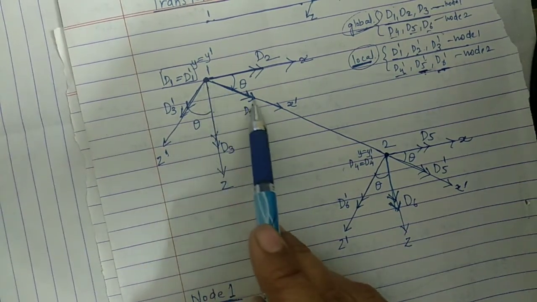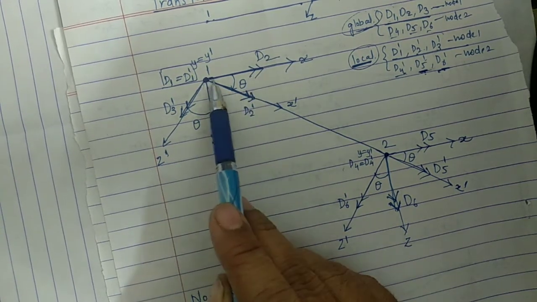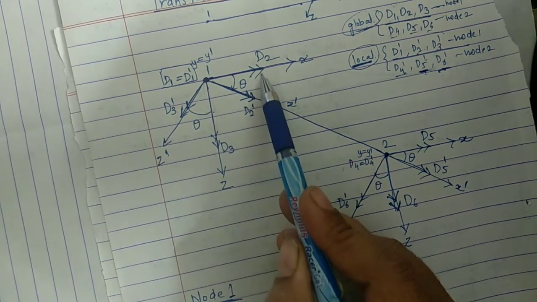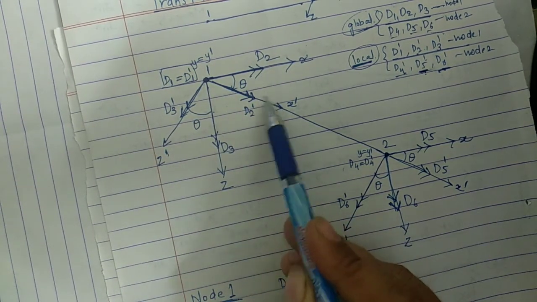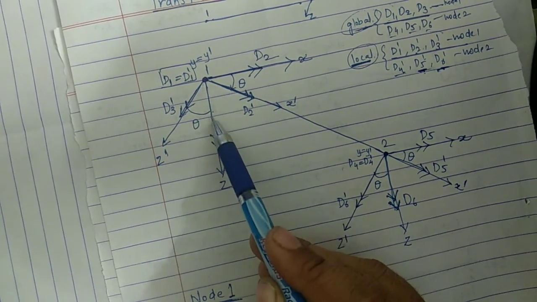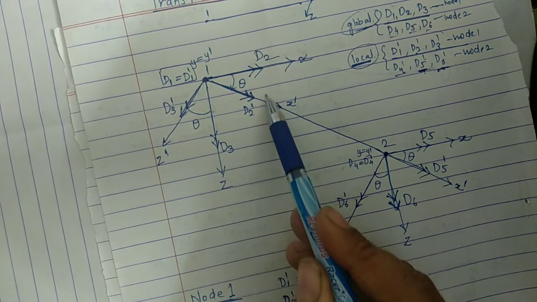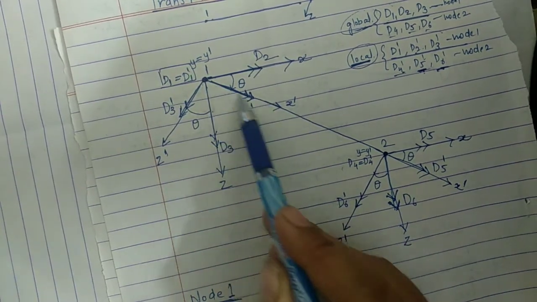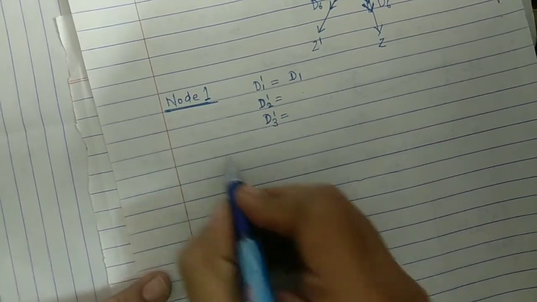This should be the hypotenuse. One side is this d2. Now the horizontal side, and this third line should be vertical. So this d3 vector we can shift here so that it can make a triangle: d2, d3 and this d2 dash. That way we will form a triangle here.